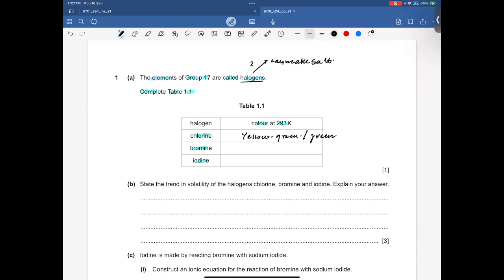Bromine has a brown color. And iodine at room temperature and pressure shows black color. Sometimes in some books, dark gray also, okay?